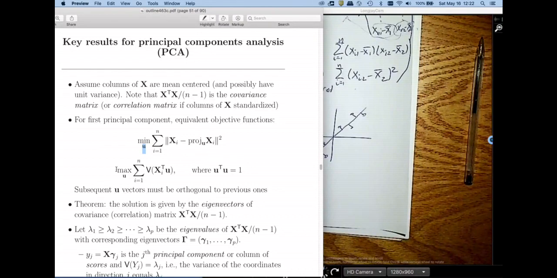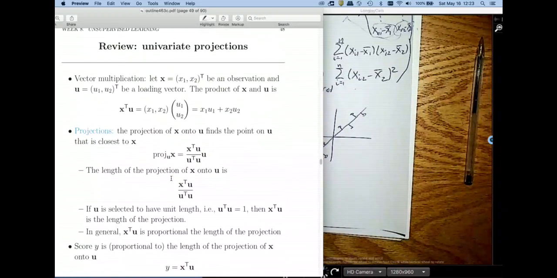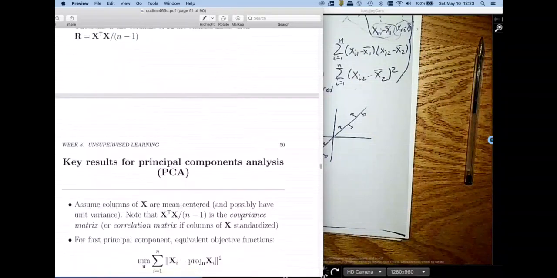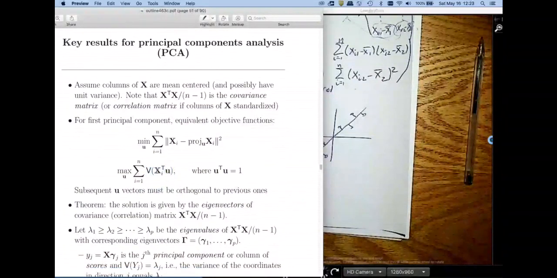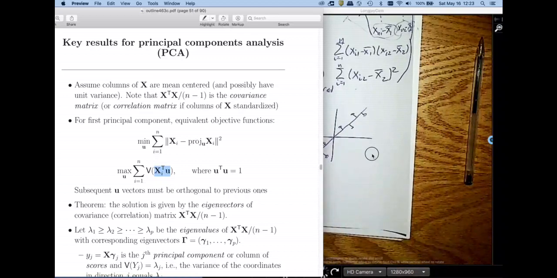Alternatively, we could phrase this as a maximization problem, where I want to maximize the variance of x transpose u. So what's x transpose u? Remember, if we go back to this result on projections, x transpose u is the length of the projection of x onto u. So the way you should be thinking about this is x transpose u is the first principal component, or the coordinate.